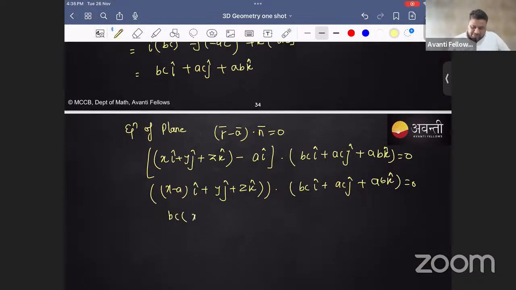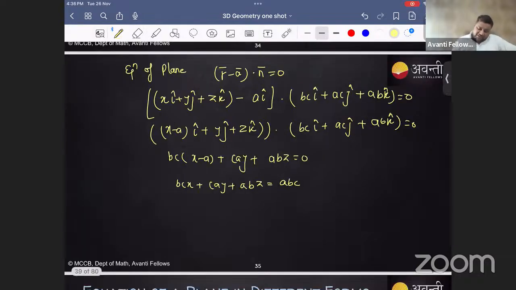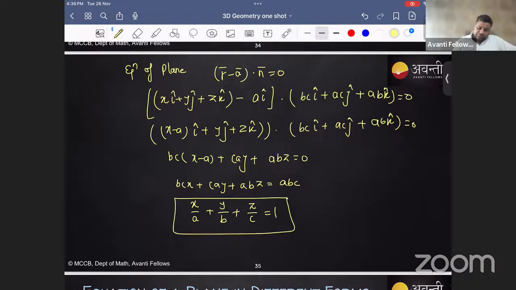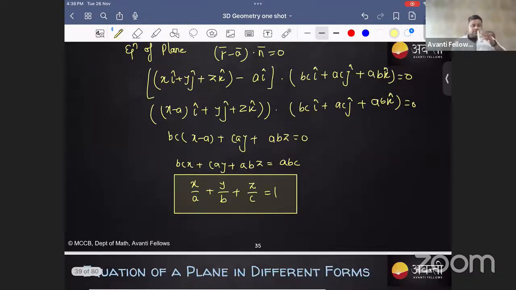So it is BC times (x minus a), plus CA y, plus ABz equals to 0. So BCx plus CAy plus ABz equals to ABC. Now if you divide it by ABC, you get x upon a plus y upon b plus z upon c equals to 1. Am I clear?